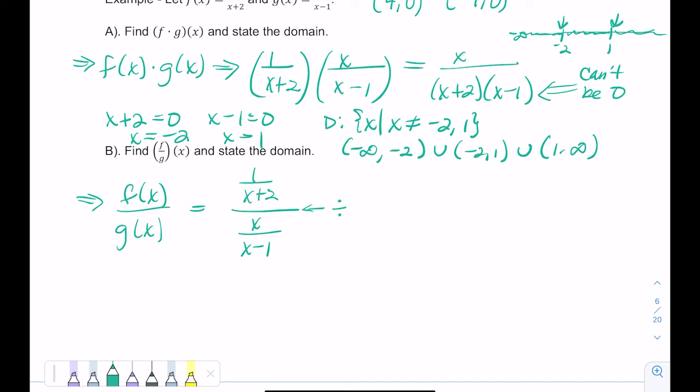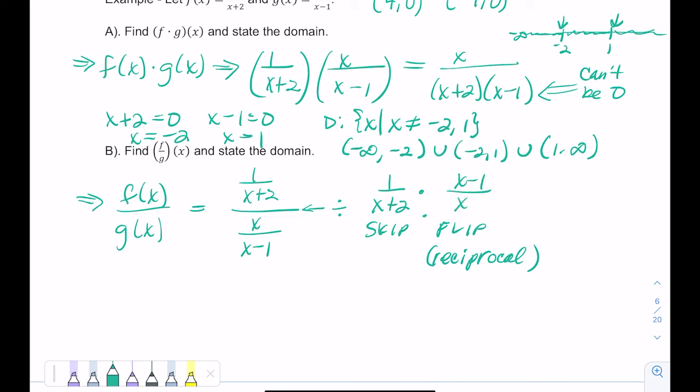And when you divide, you're going to skip, flip, and multiply. So I'm going to skip the top part, which is 1 over x plus 2. And now I'm multiplying. And you're going to flip over the x over x minus 1. And the real word for that is reciprocal. So the reciprocal of x over x minus 1 is just x minus 1 over x.